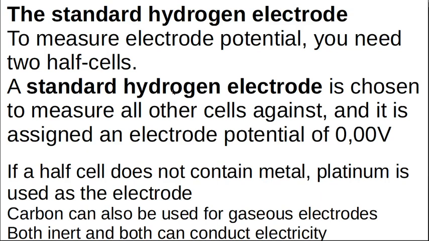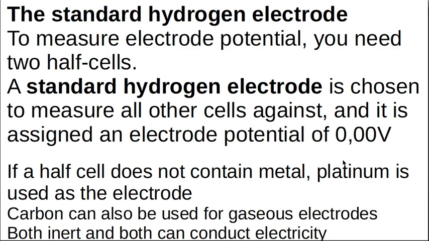But we can't be using hydrogen metal as an electrode because, hello, there's no such thing. So if you are using something like hydrogen or chlorine and you don't actually have metal, you will use platinum as the electrode because platinum is very unreactive and inert.